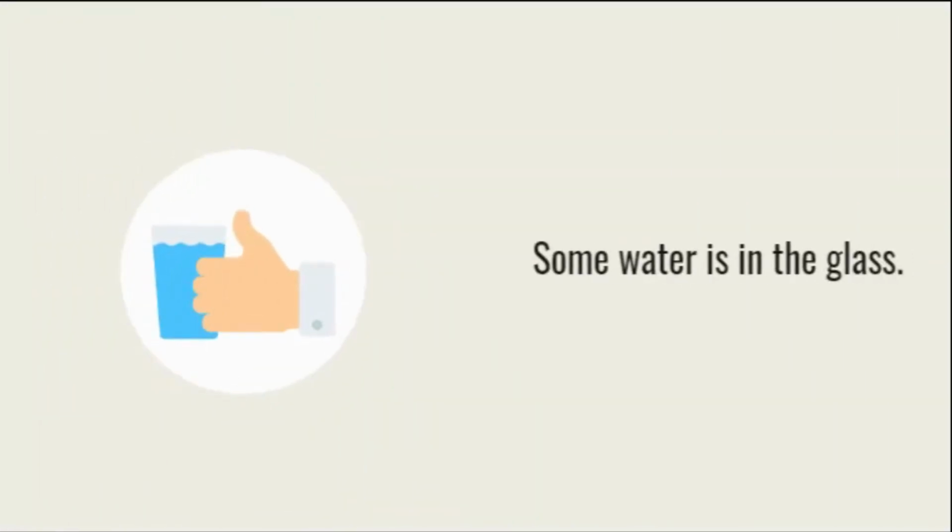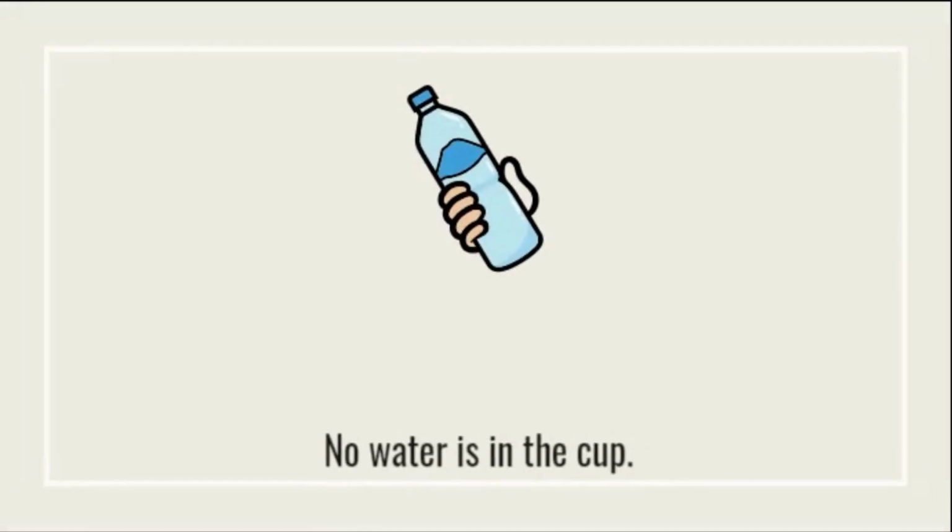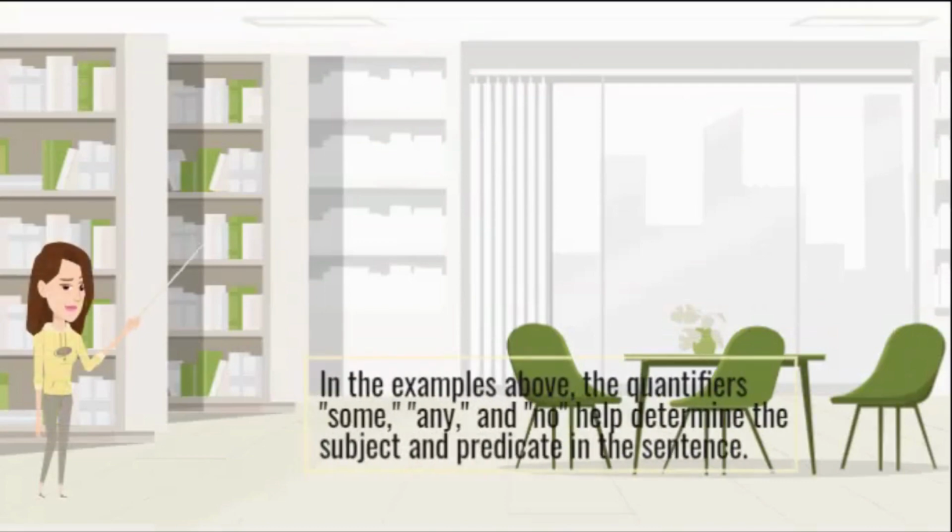"Some water is in the glass." "Any cats can play." "No water is in the cup." In the examples above, the quantifiers some, any, and no help determine the subject and predicate in the sentence.